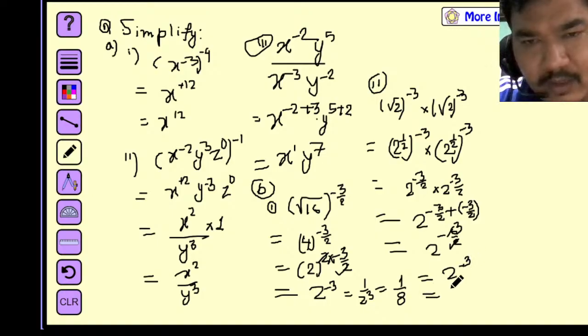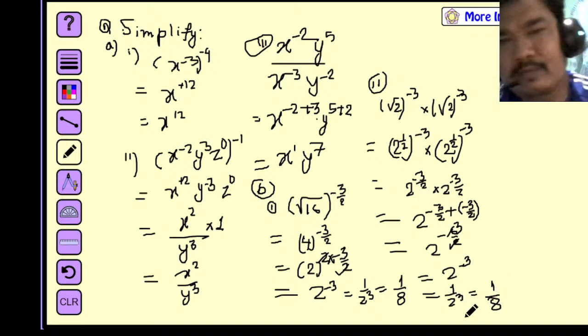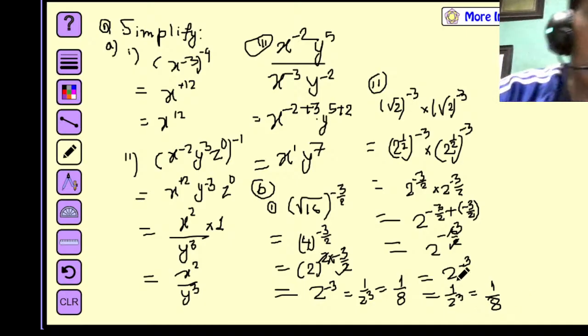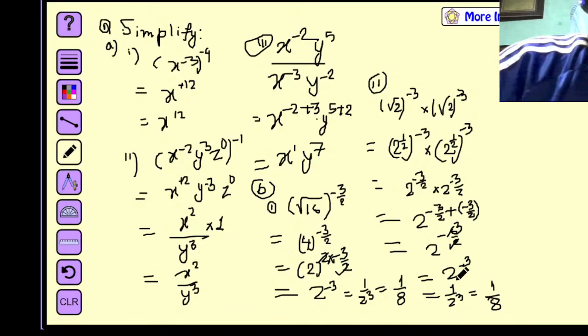Then we can write it by taking down, 1 by 2 cube, which means 1 by 8, since 2 cube means 8. Like this we have to take it down and write it in positive. That is the answer.